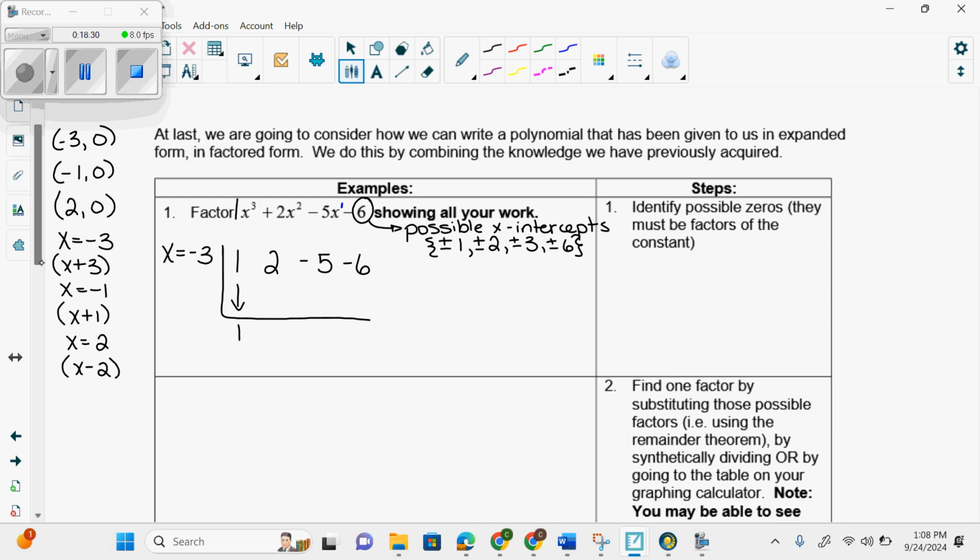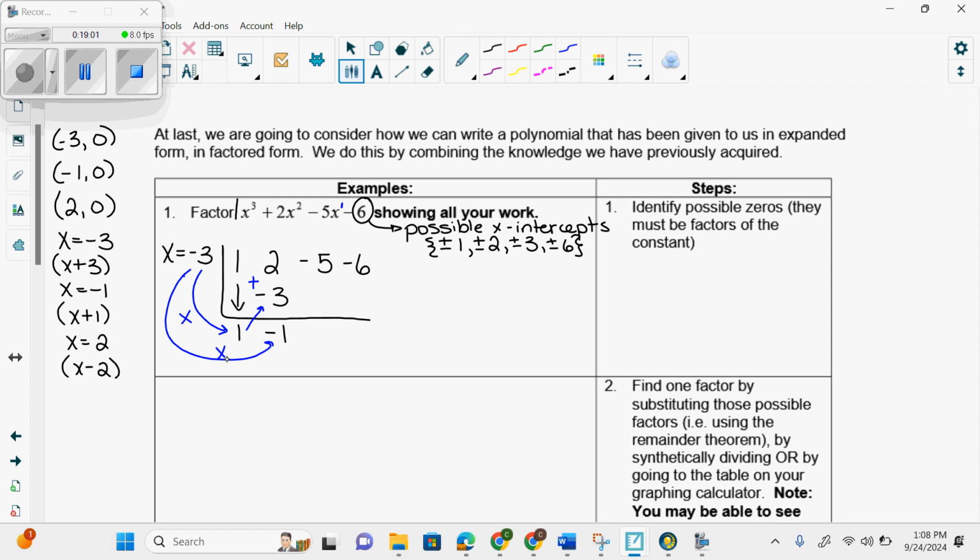Multiply, add, multiply, add. So we're going to multiply these two numbers. What's negative 3 times 1? Negative 3. So it comes up here. We're done multiplying, so what are we going to do? Add. 2 plus negative 3 is negative 1. We're done adding, so now we're going to multiply.